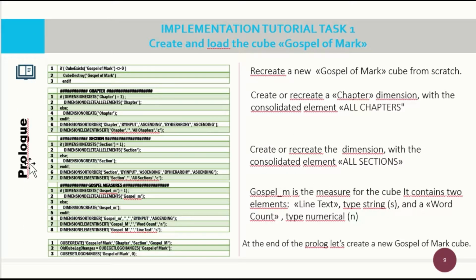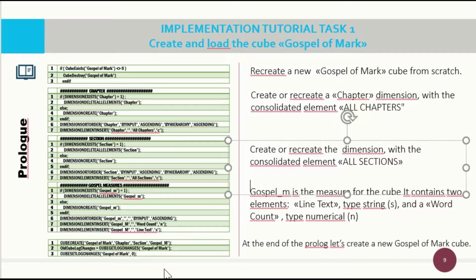This is how the prologue looks. First, let's recreate a new Gospel of Mark cube from scratch by destroying any existing Gospel of Mark cubes, if any. Then these are the instructions to create or recreate a chapter dimension, and we insert just the consolidated element all chapters, and in the section dimension we insert as the only element so far all sections as a consolidated element.